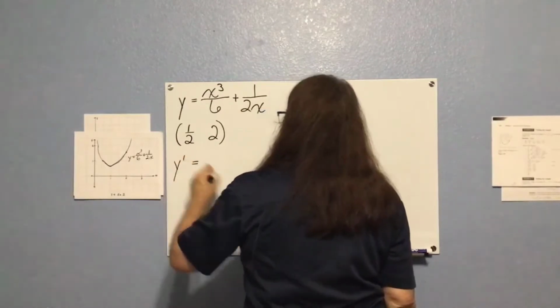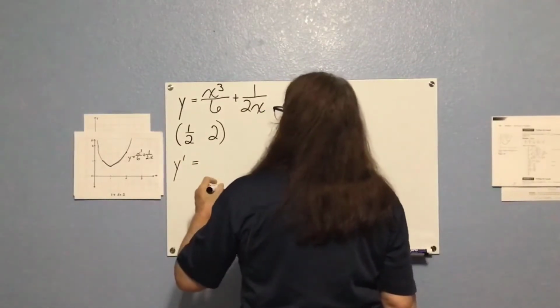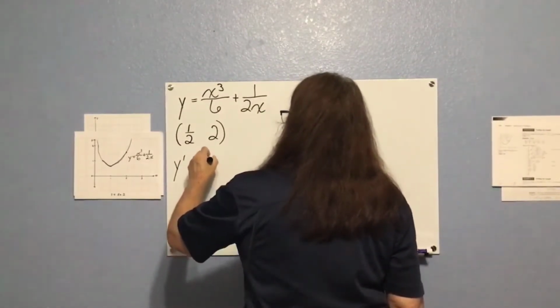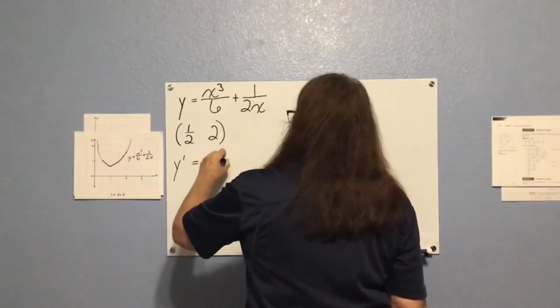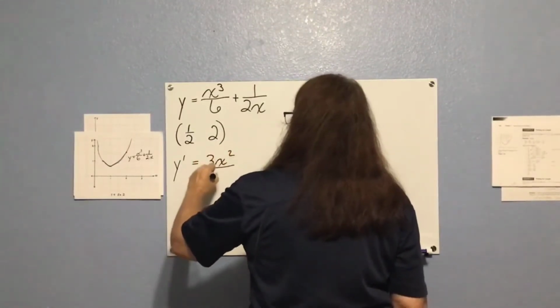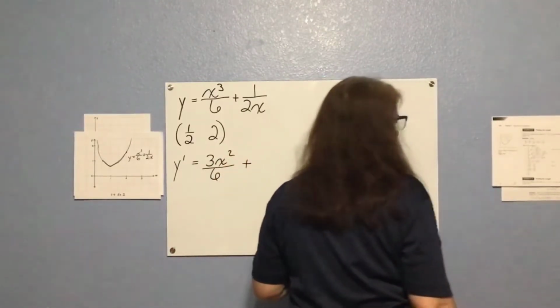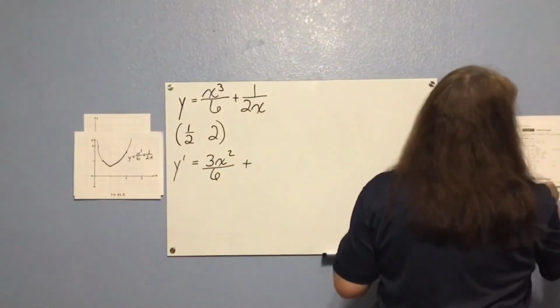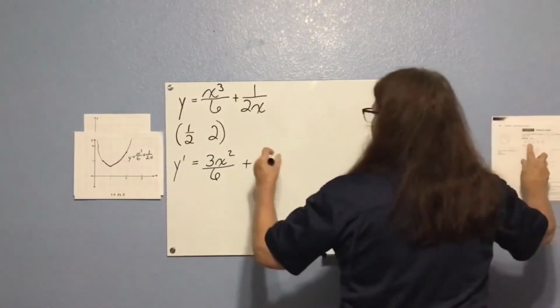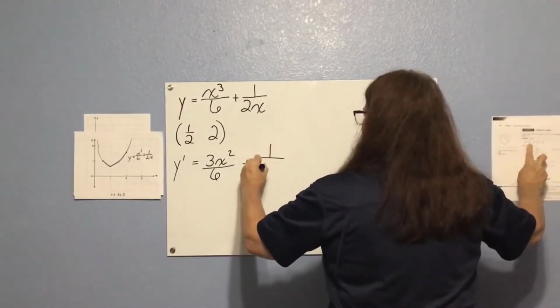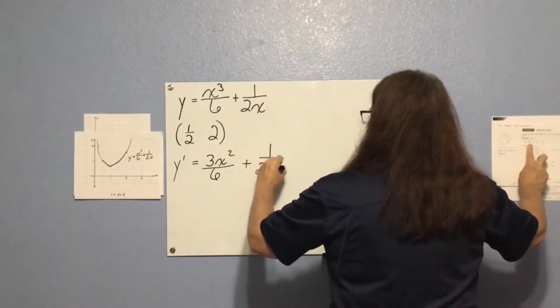Y prime would be 3x squared over 6 and then we're going to have 1 over 2x squared.